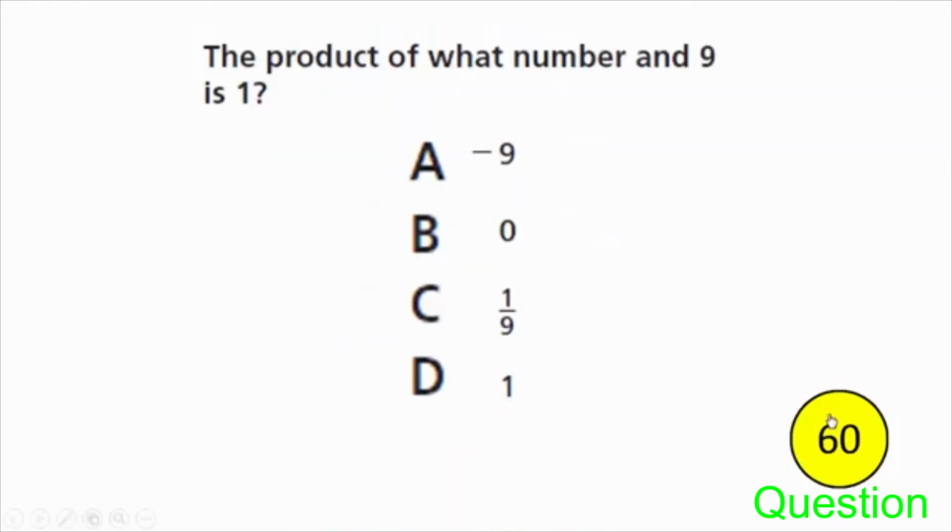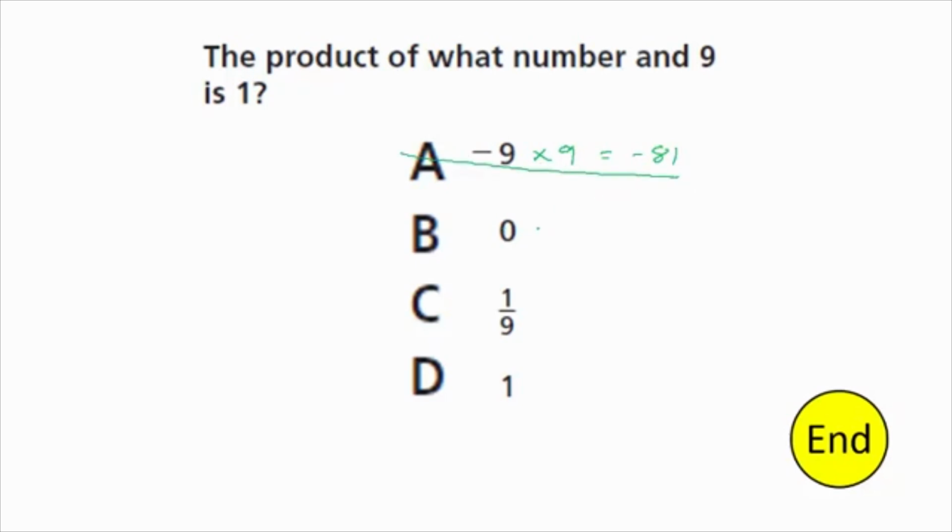Last question, guys. All right, the product of what number and 9 is 1? If I didn't know, I'd go, all right, -9 times 9 equals -81. That's not my choice. 0 times 9 equals 0.